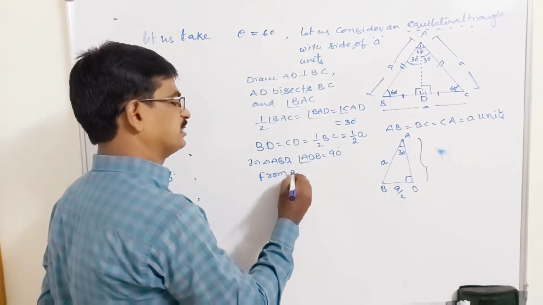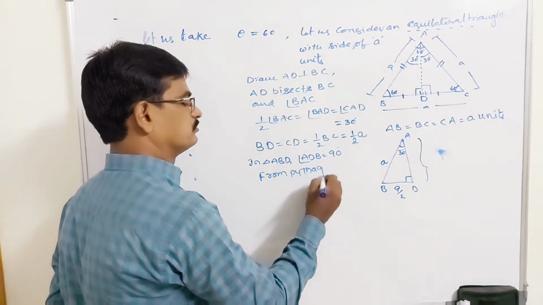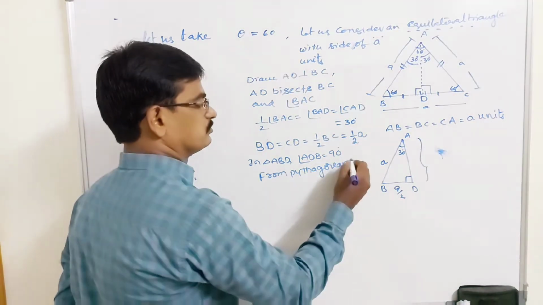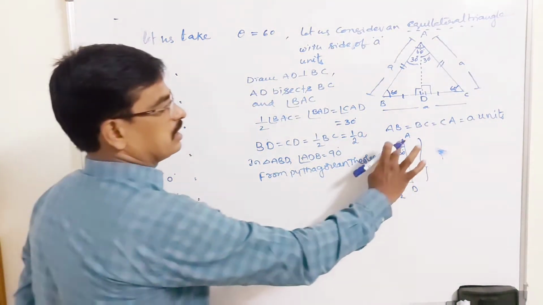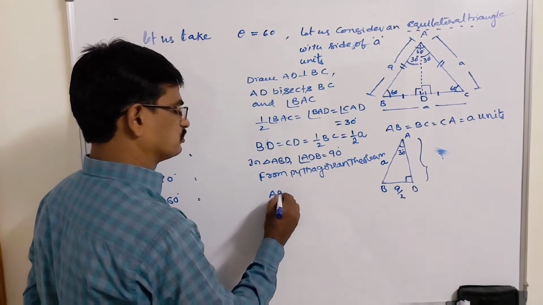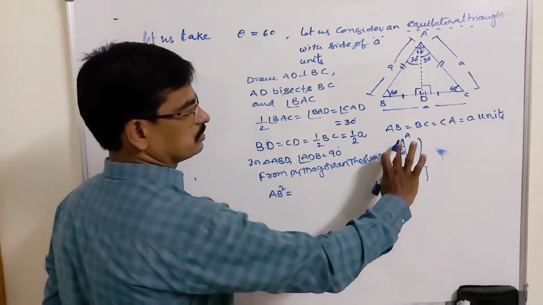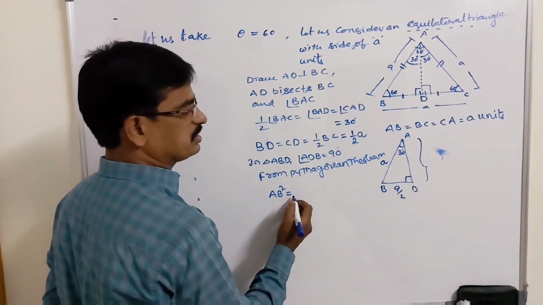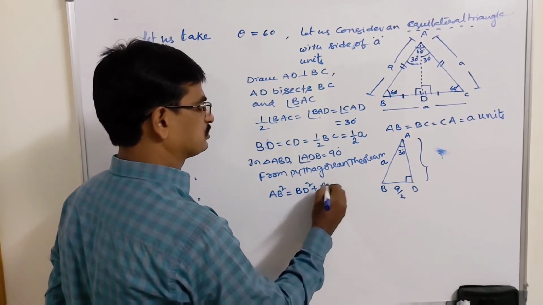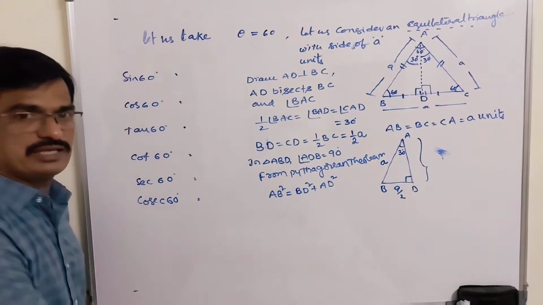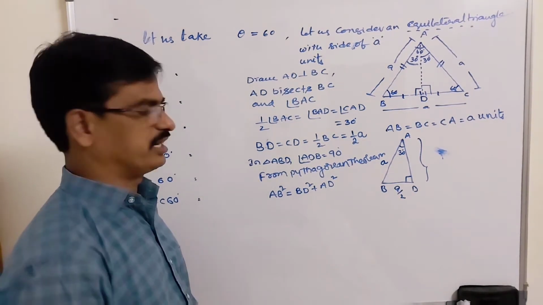From the Pythagorean theorem, AB square is equal to BD square plus AD square, since AB is the hypotenuse.